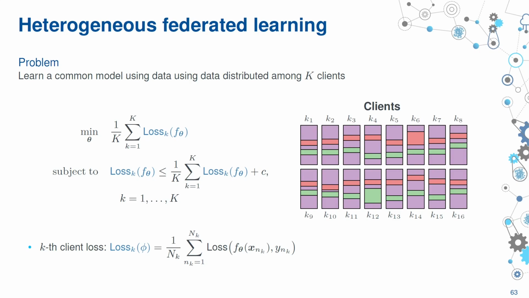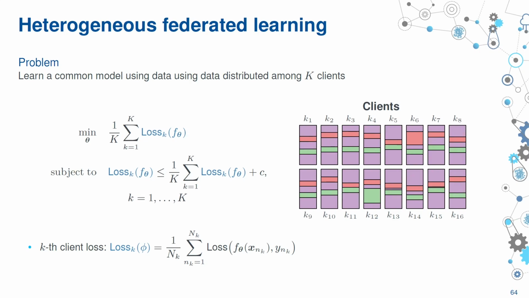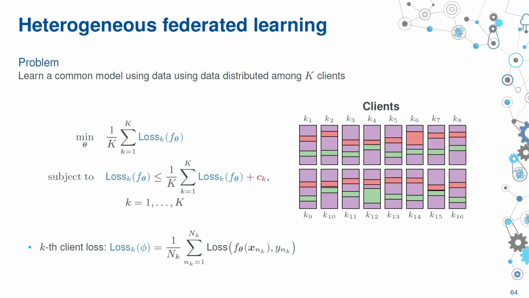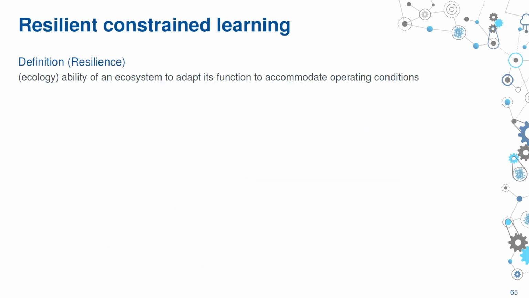But in that problem formulation, we have a value here, which is C. And the question is, is this C realizable at all, yes or no, right? Because I can impose whatever constraint I want, but my data is what tells me which constraints are feasible. So specifying constraints is not so easy in constraint learning, okay?